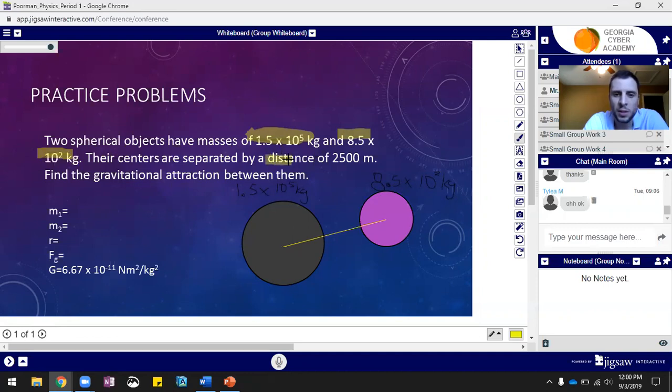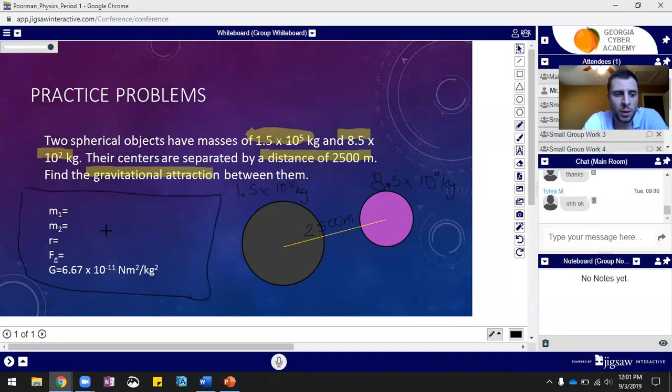We know that there's a distance of 2,500 meters. And we're asking to find what the gravitational attraction is between those two things. Okay, let's come back in here and let's fill out our distance. This is 2,500 meters. All right, so let's go ahead and plug these numbers into our little box down here.